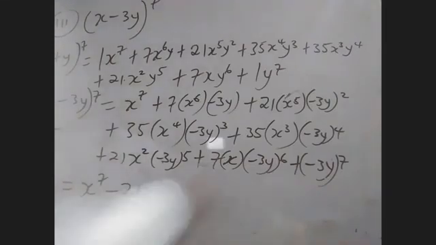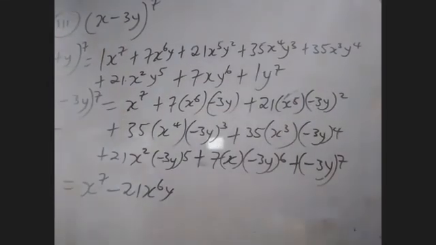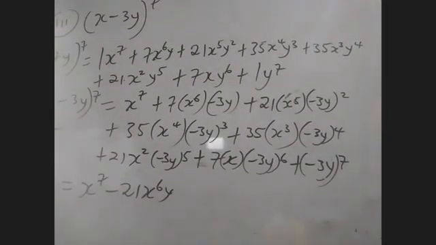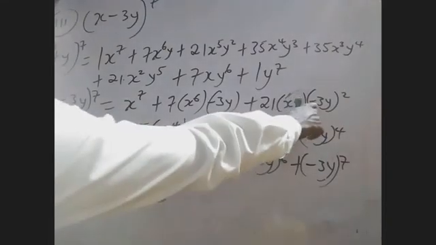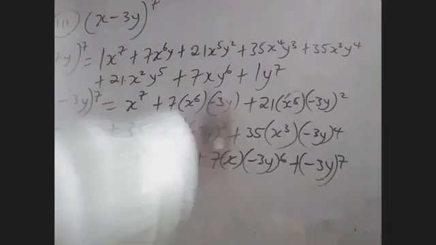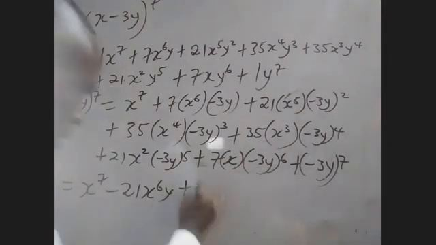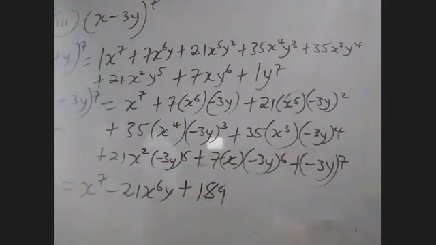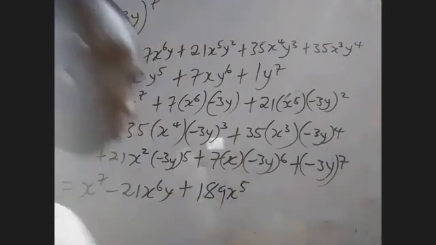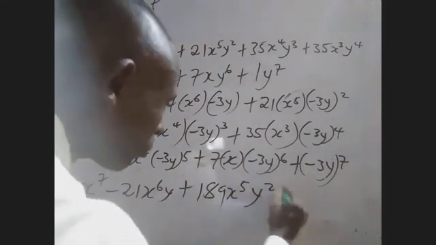Then here you have (−3) squared, that is 9 times 21, which will give us 189. Remember, minus will become positive because it's raised to the power of an even number. So you have 189s^5 y^2.